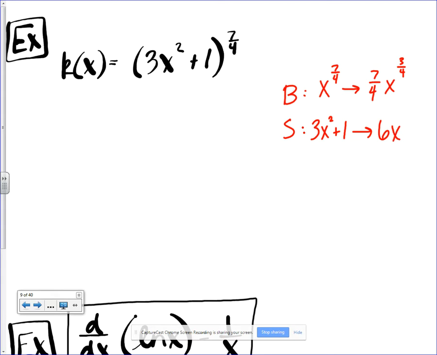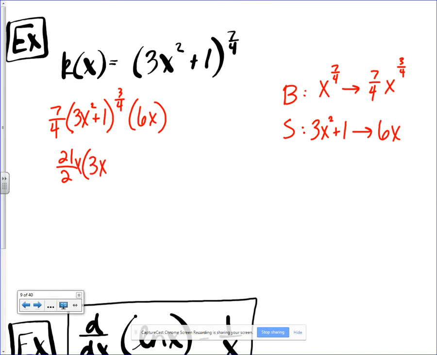So if I'm going to find this derivative, big derivative with the small function times small derivative. So if I multiply that, that's 42 over 4. 42 over 4 reduces to 21 over 2. And don't forget to put your x in there. And that will be my final derivative.